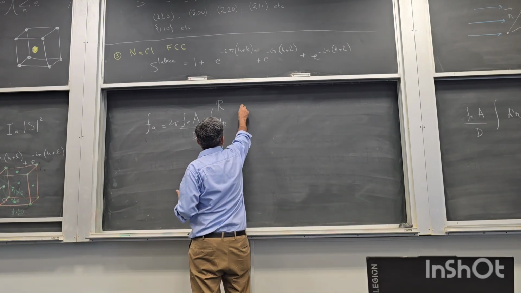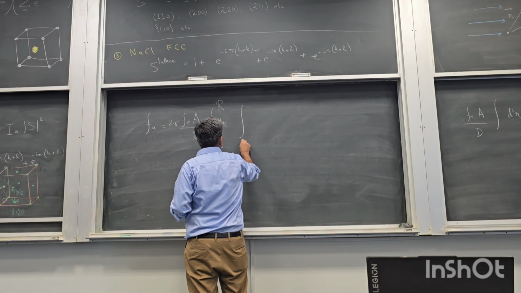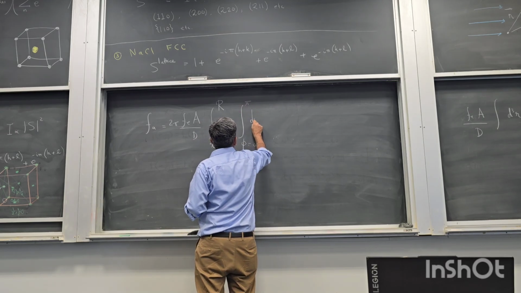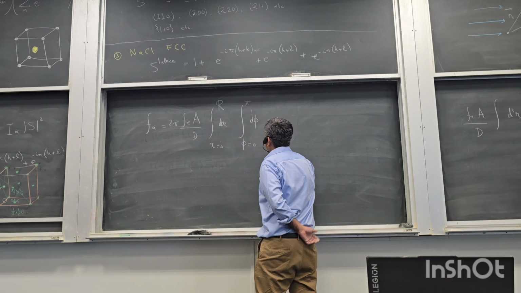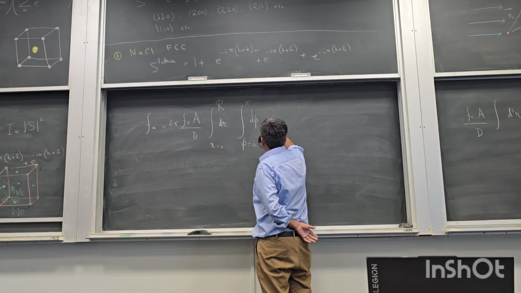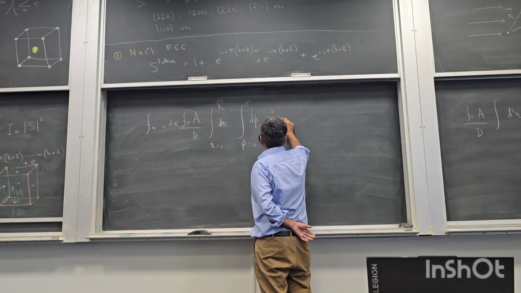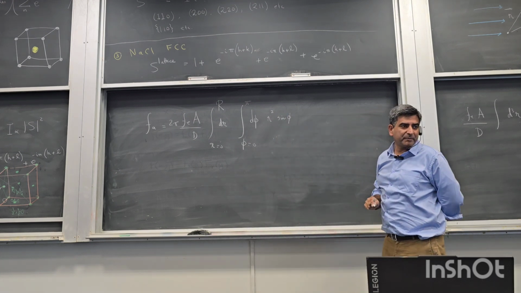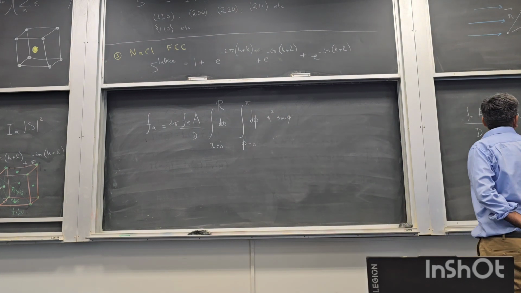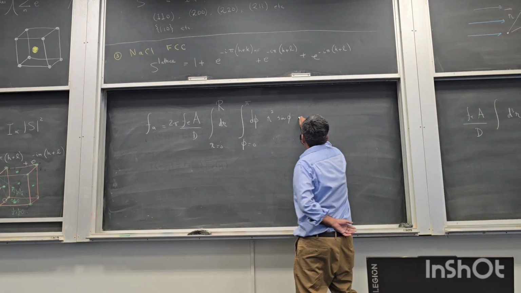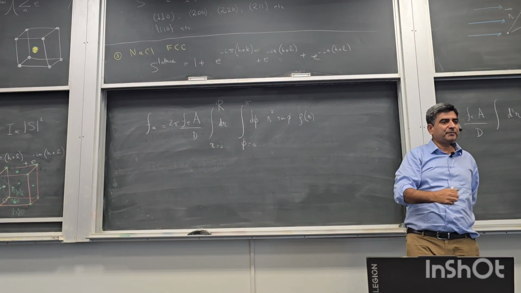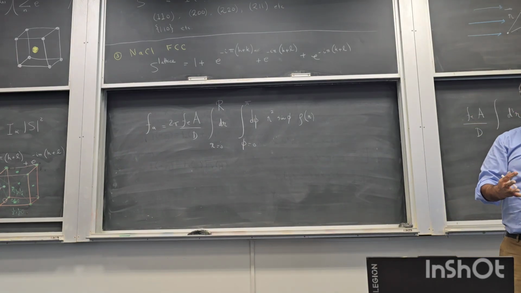So that will give me phi goes from 0 to pi, and I need to integrate over phi, but the volume integral has this metric r square sine of phi. This comes from volume integration. And then I have this rho r. Now rho r, instead of the vector I just write r because it's a spherically symmetric problem.